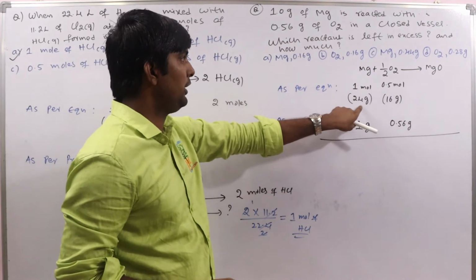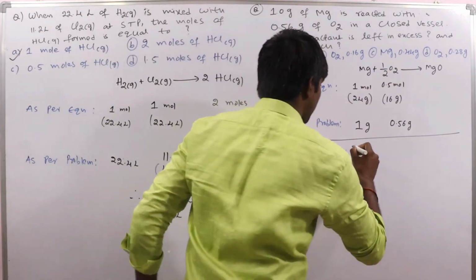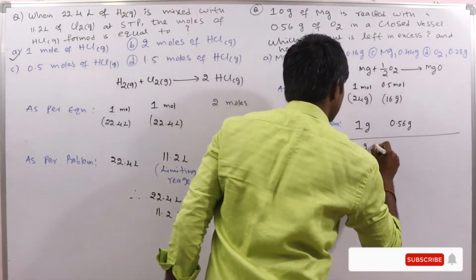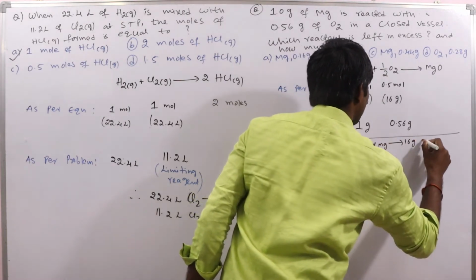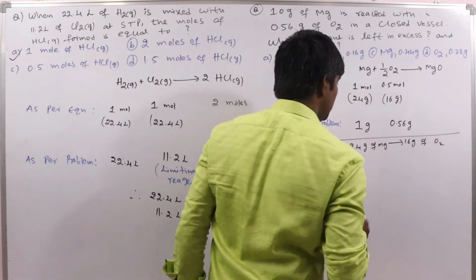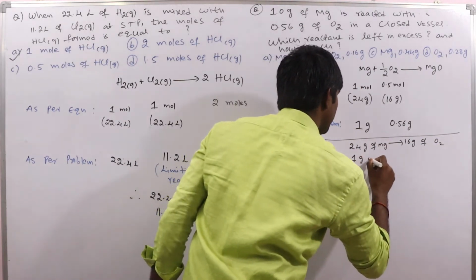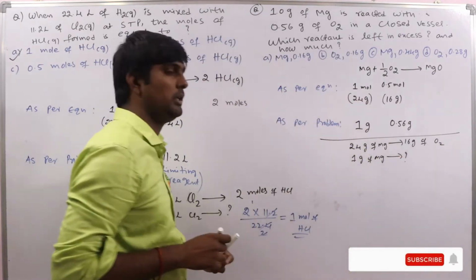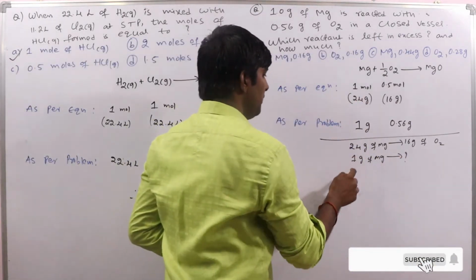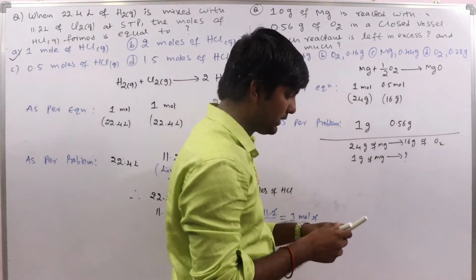See, 24 grams of magnesium requires 16 gram of oxygen. So for 1 gram of magnesium, how much oxygen is required?